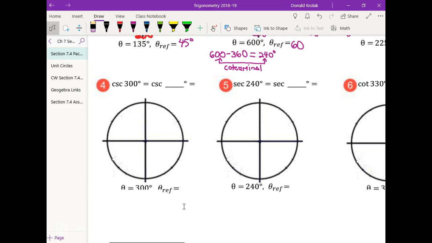All right, now the last 3 are simply the reciprocal values. So when I'm doing the cosecant of 300, I'm going to first take that angle and change it into something that's between 0 and 360, which it already is.